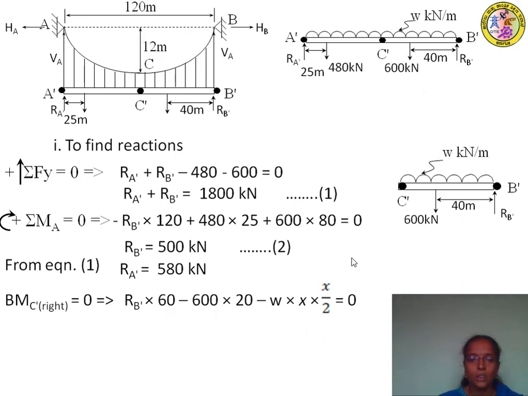So RB dash into 60 minus 600 into this distance. If the total distance is 60 meter and this distance is 40, then the remaining distance is 20 meter. Therefore 600 into 20 minus W into X by 2, minus W into X by 2.